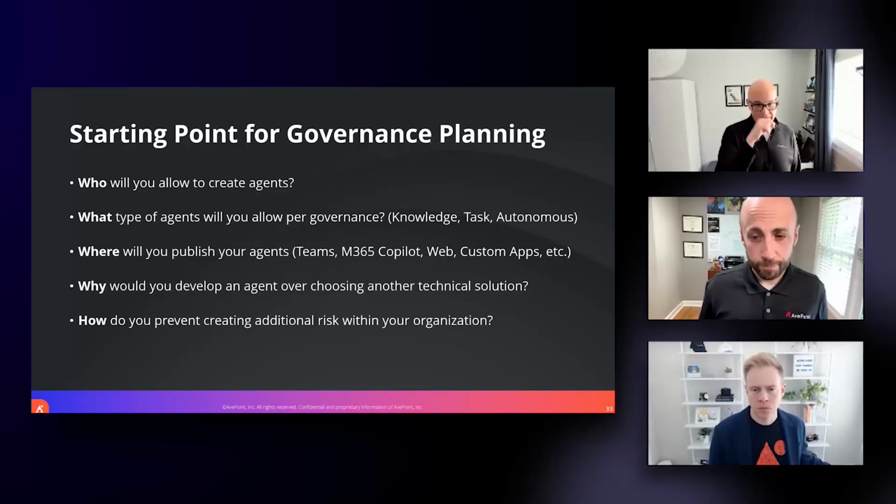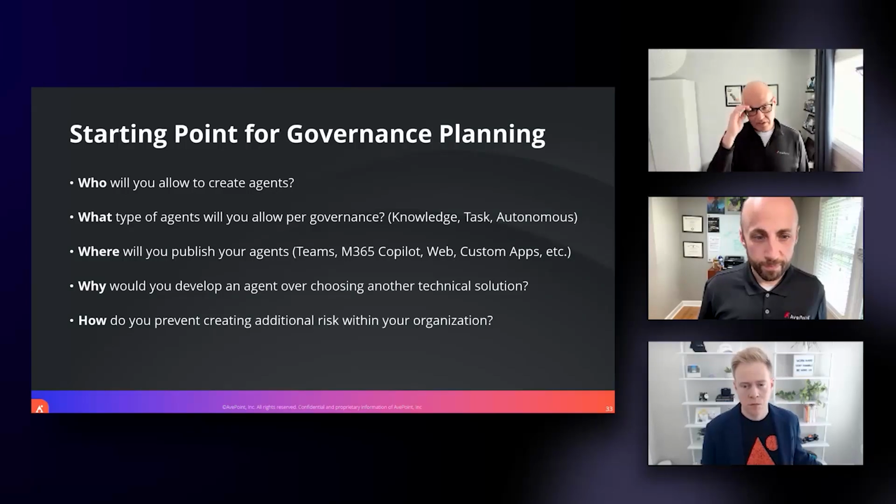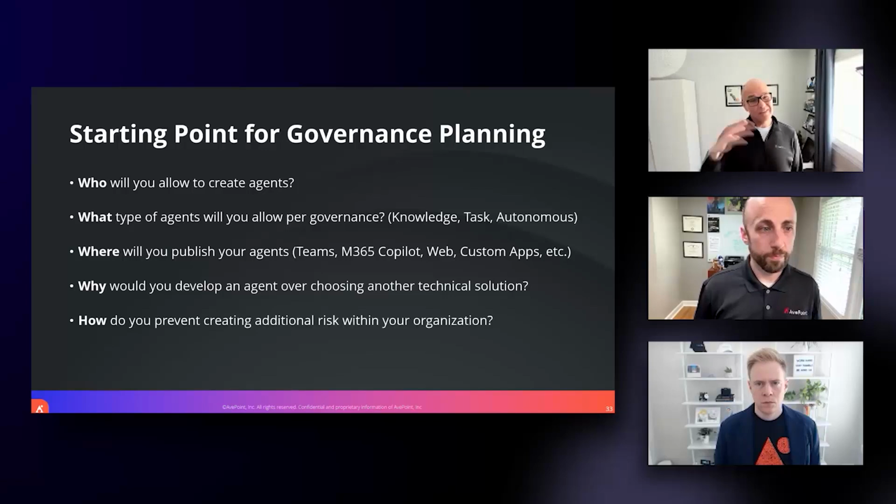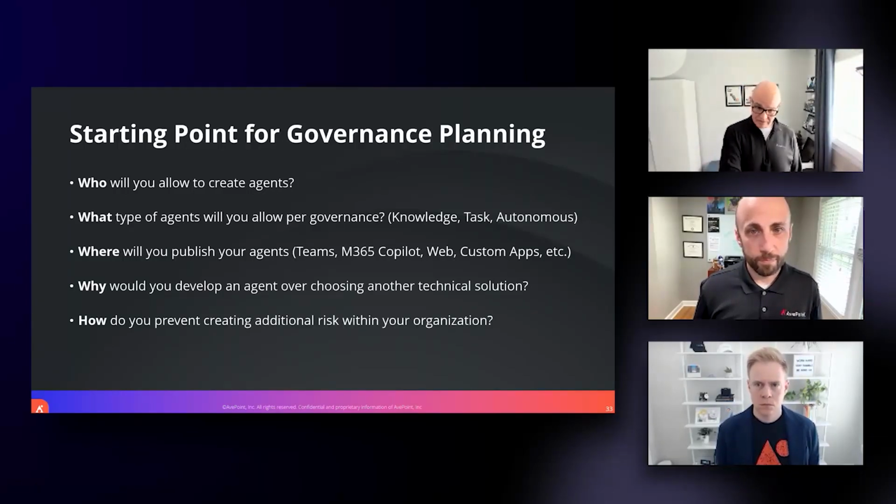We also learned earlier that there are different types of agents with different levels of functionality and risk. A knowledge-based agent based on a SharePoint site with good content lifecycle management will probably be a safe choice for most organizations. But when you contrast this to those autonomous agents that Jared was talking about, those getting created outside of IT that execute actions that can have consequences to the business, this is something that most organizations may not feel that comfortable with.